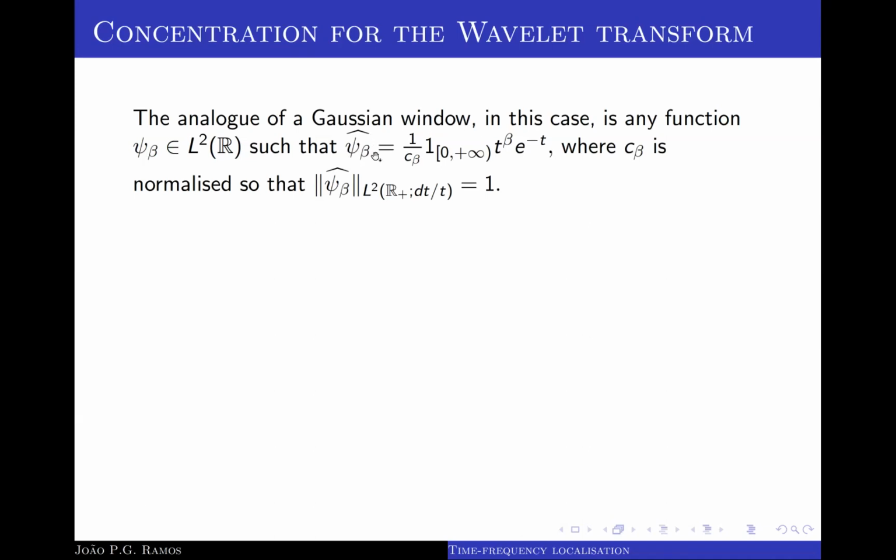You define them so that psi beta hat is 1 over some constant times the function t to the beta e to the minus t, but only truncated on the positive real line so that it belongs to a Hardy space. And this constant c beta normalizes it in L2. We're going to be seeing in a while why these windows are special. So bear with me for a bit.